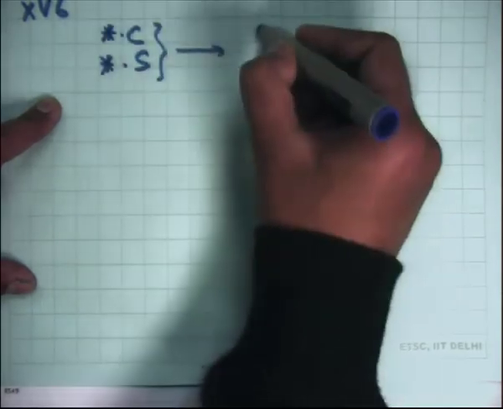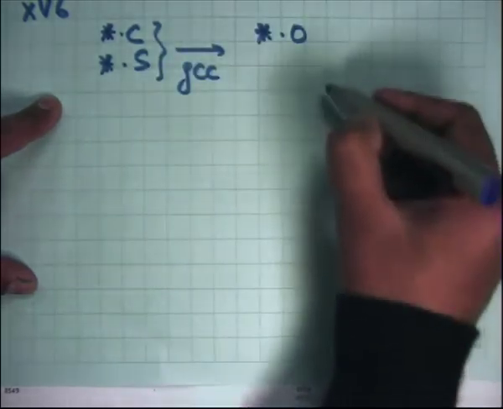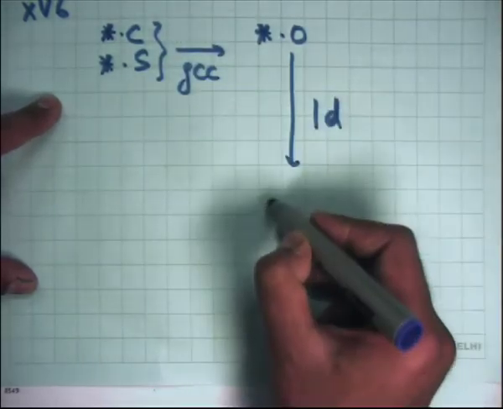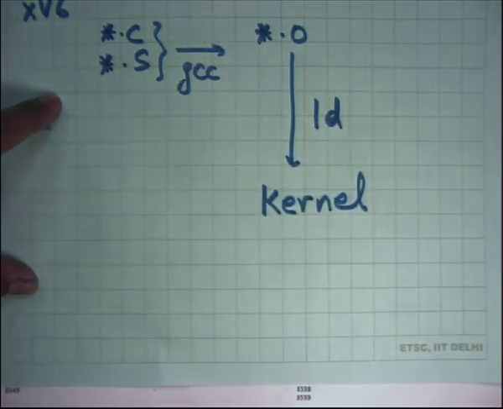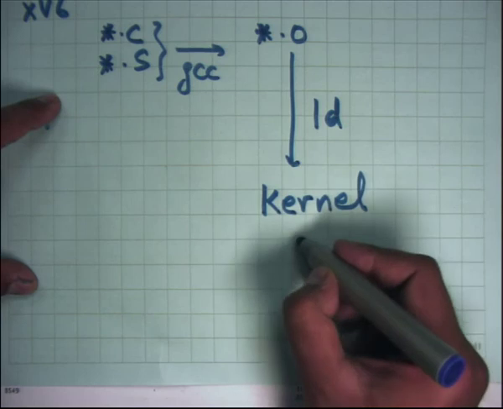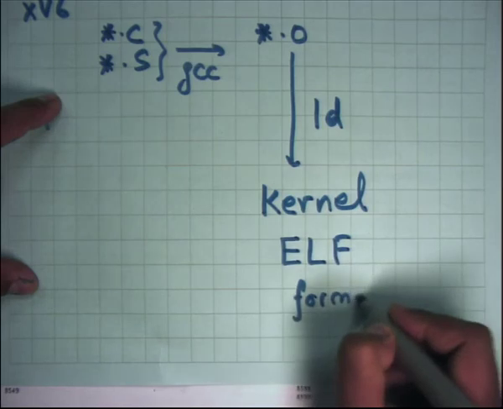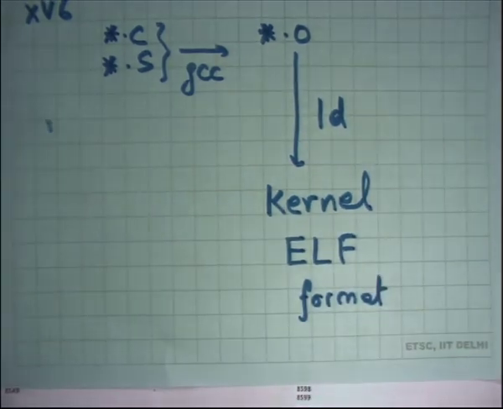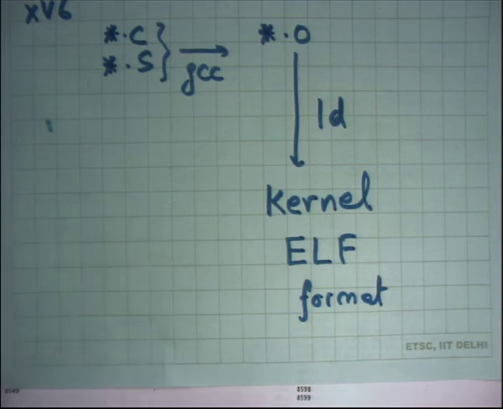You converted them to .o files, let's say through GCC, and then you linked all these .o files and got some image which is called the kernel. This kernel is an executable file in a format called ELF. Even your a.out files are also in this format called ELF. It's a standard format, a specification that this is the format of an executable file.